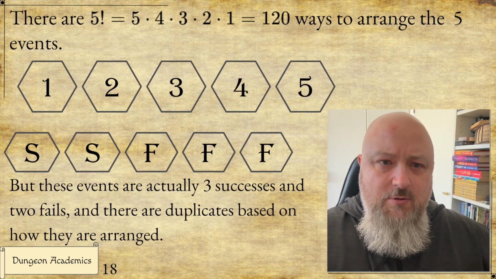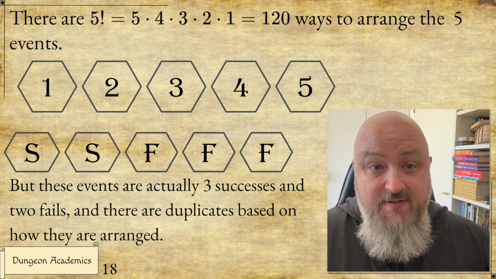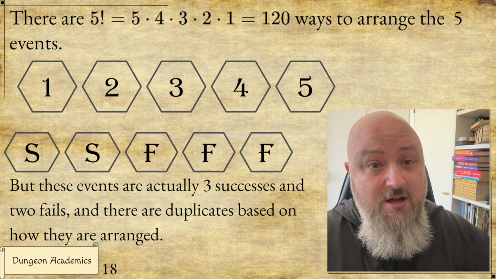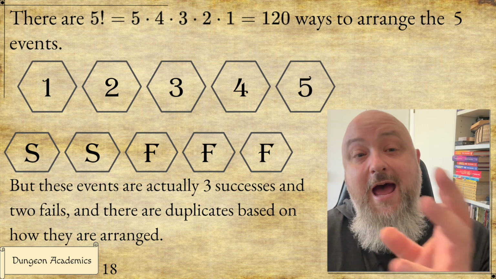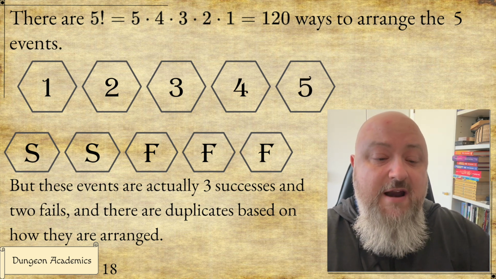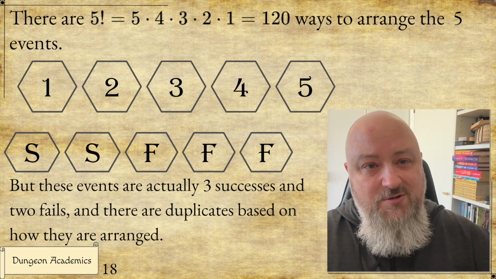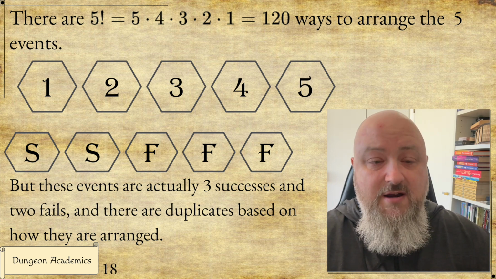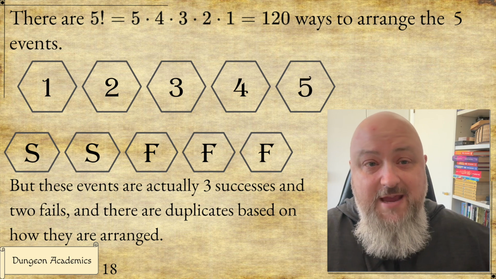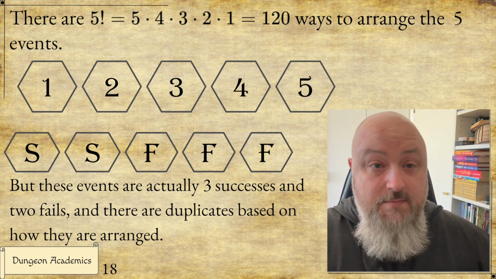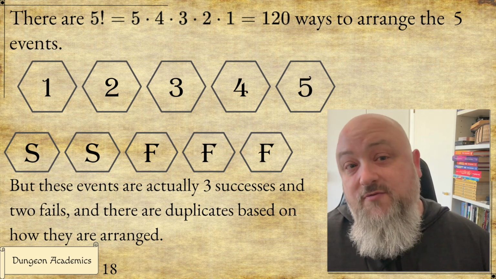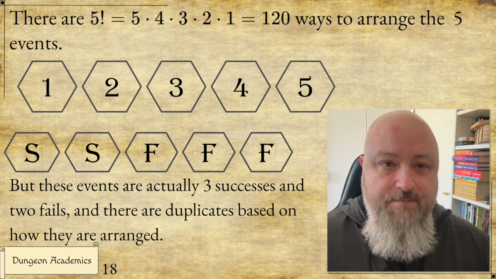Well, you have 5 positions for the first event, 4 positions for the second, 3 for the third, 2 for the fourth, and 1 for that last one. There are 5 times 4 times 3 times 2 times 1 ways of arranging 5 different events. If I had 5 tiles numbered 1 through 5, I could arrange those in 120 different combinations of events.